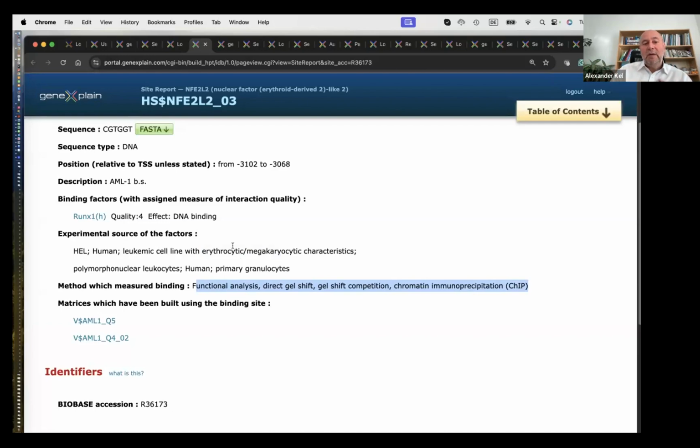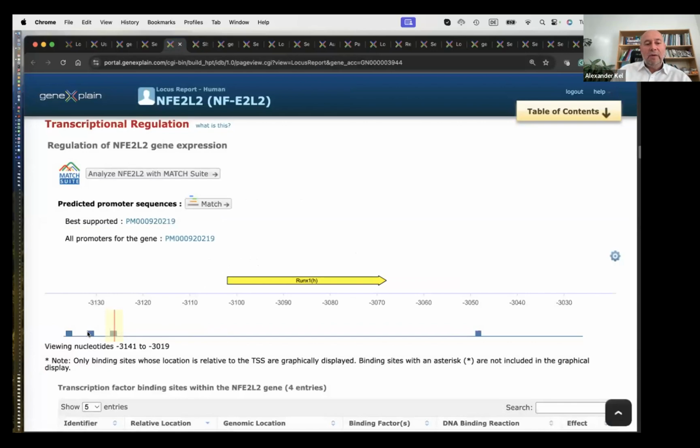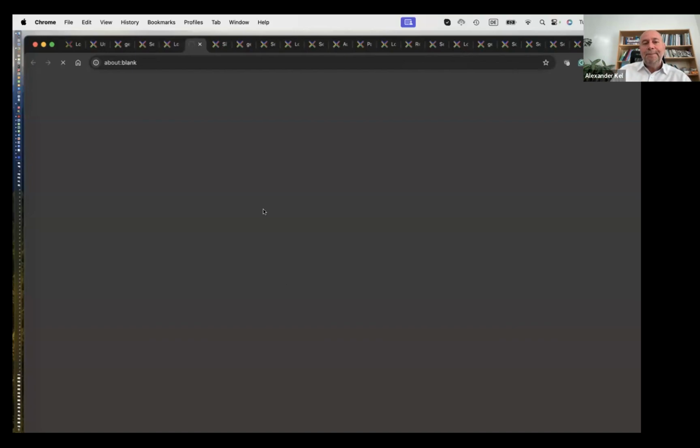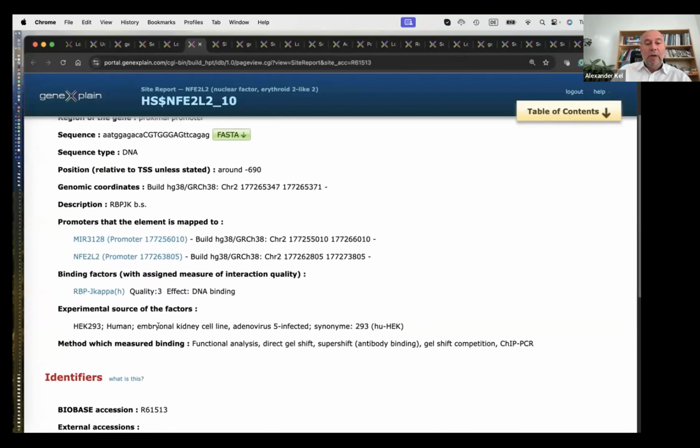In this case, it was a leukemic cell line. In other cases, for another site, for instance here, we have again the same factor, probably from the same paper, but this site is different, I guess. So that's another factor, and it's probably studied in a different experiment. You see, it's an embryonic kidney cell line. So it's a completely different tissue, a different type of cell line.